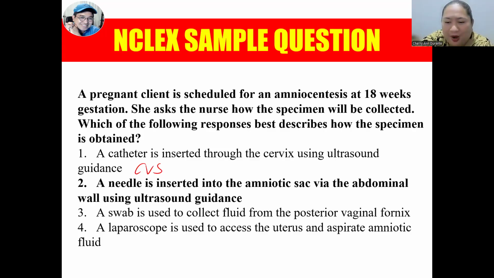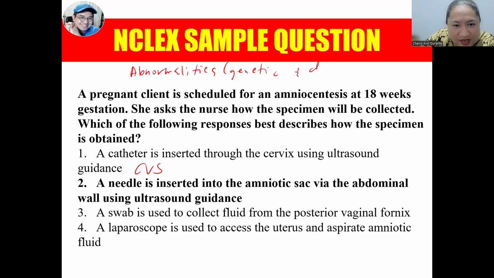Now, what is the purpose of your amniocentesis? Let me give you a mnemonic for this: AMNIO. Letter A: one major purpose is to check for abnormalities, be it genetic or chromosomal.